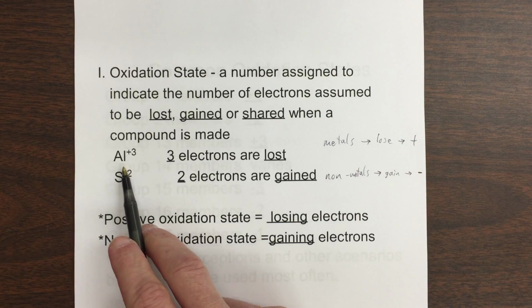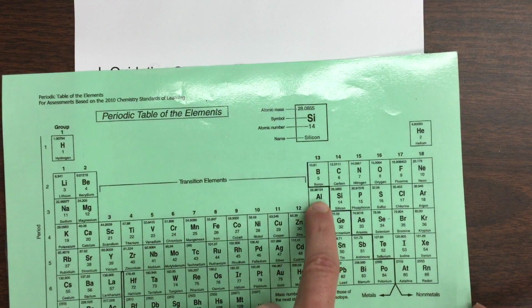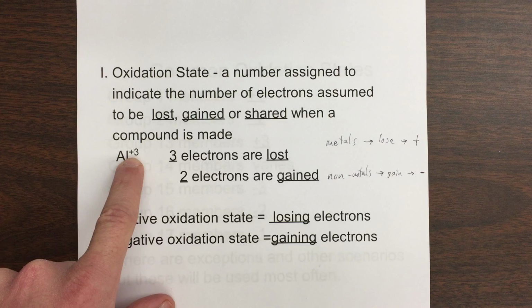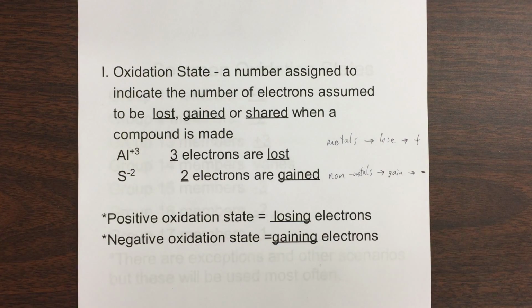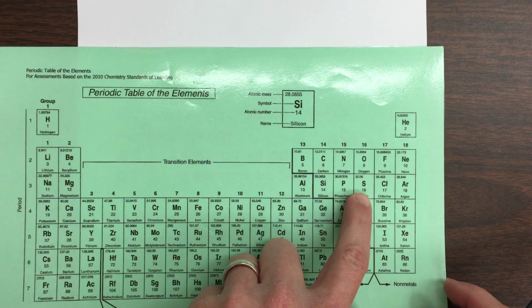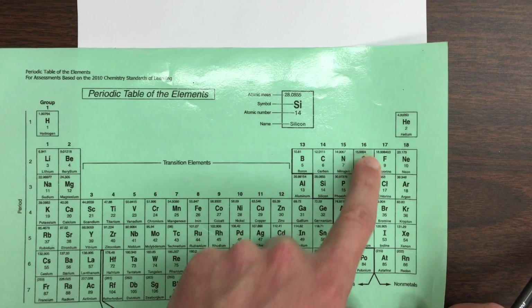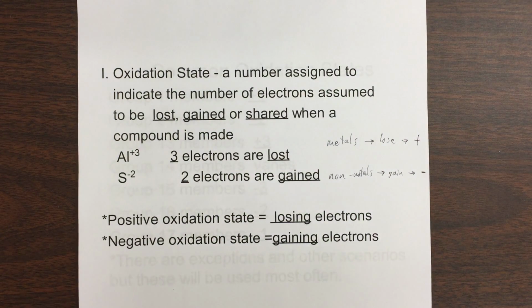So aluminum with 3 valence electrons, since it is in group 13, will lose 3 of those electrons and become a +3 ion. Whereas sulfur in group 16 will gain 2 to go up to 8, and that becomes a -2 ion.